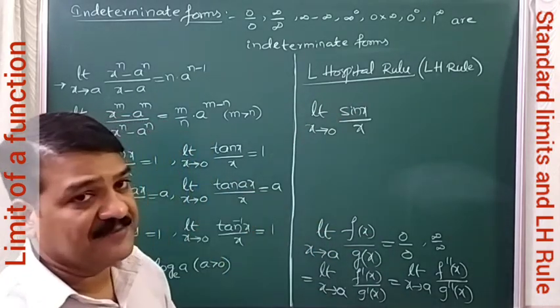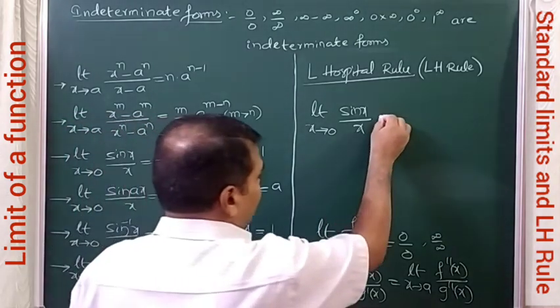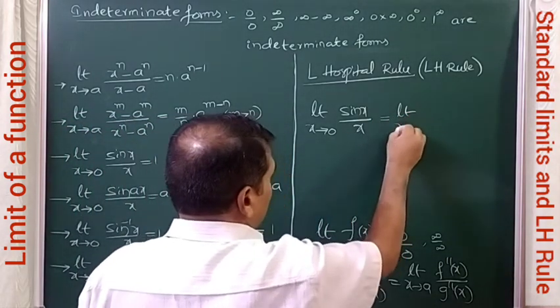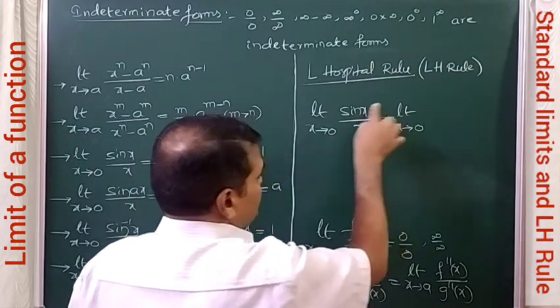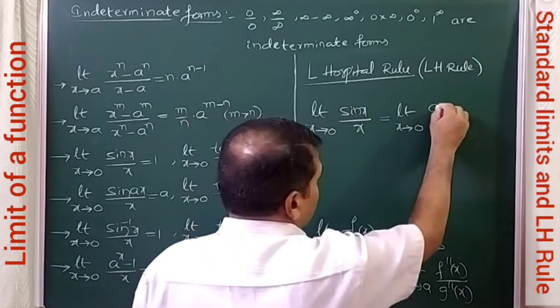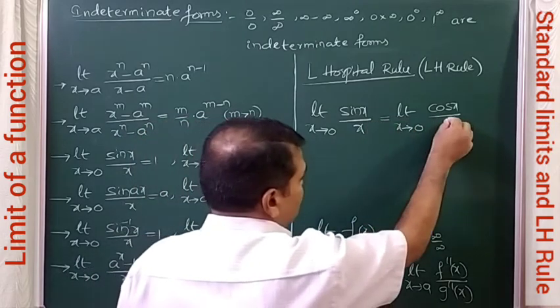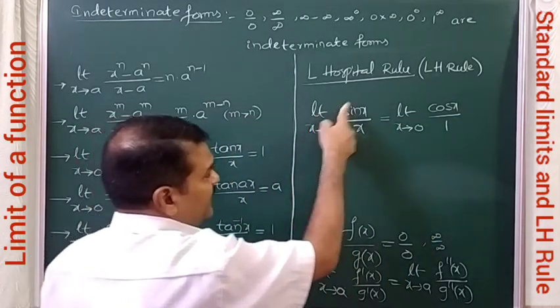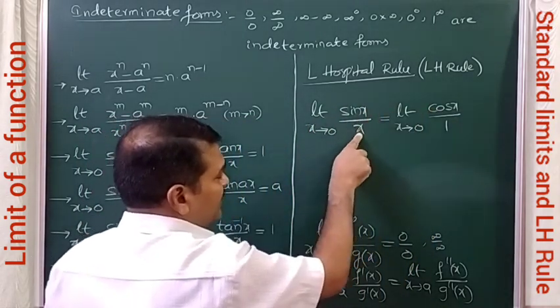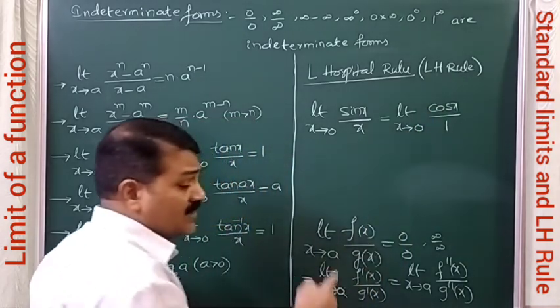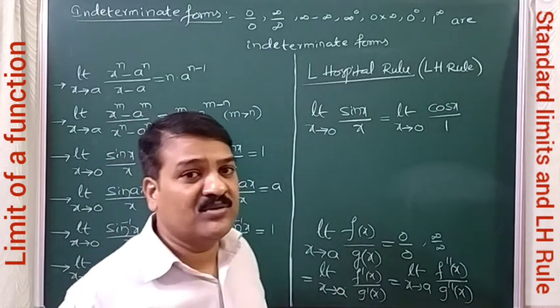This is called the LH rule. I will apply it here, see. So I can write this as limit x tends to 0, derivative of sin x which is cos x, by derivative of x which is 1. Numerator derivative I have written, denominator derivative I have written. Now that is a finite limit only.